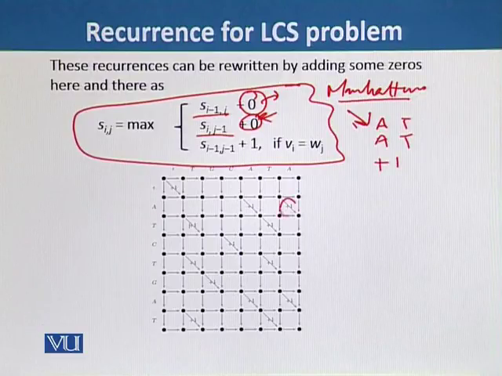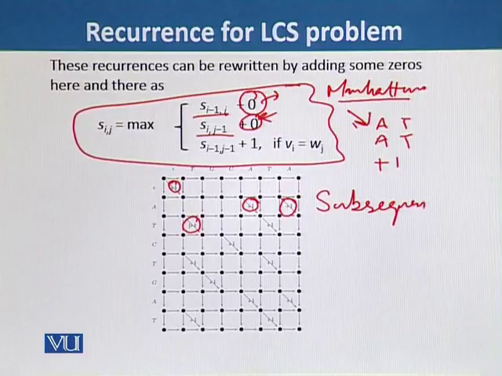Here we can see this is a +1 edge as indicated in this figure. So we can add the 0 and +1 on the edges, and we will get the subsequences that are present in both the V and W strings.